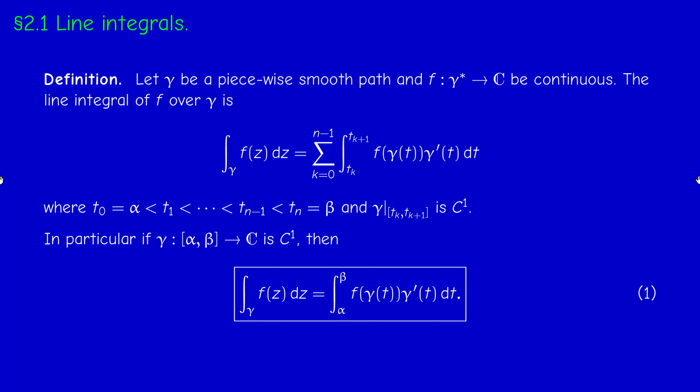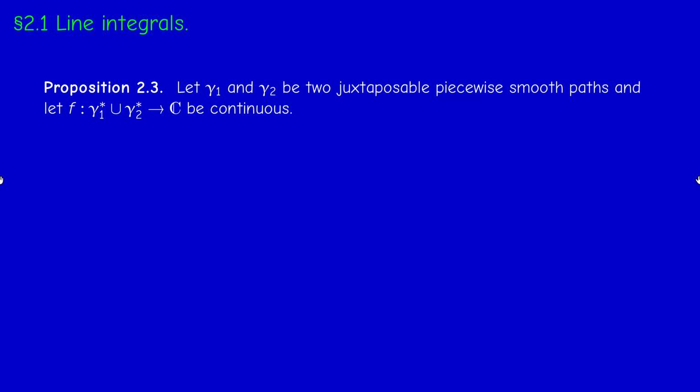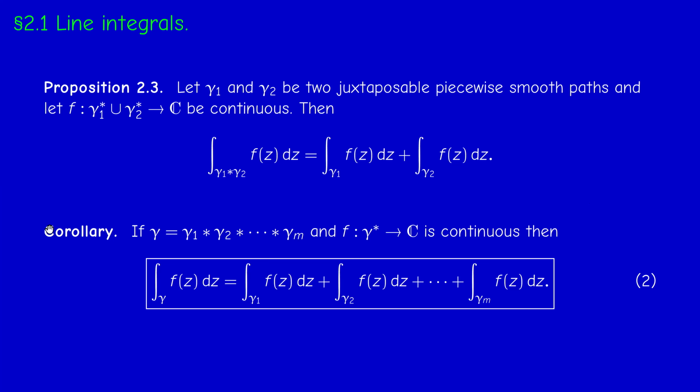Now, we use this result together with a particular case of proposition 2.3, which tells me that if gamma is a composition of paths and each path is C1, then the integral over gamma is the sum of the integrals.